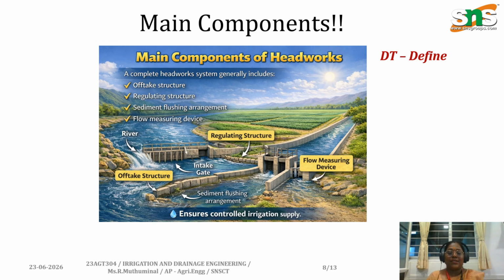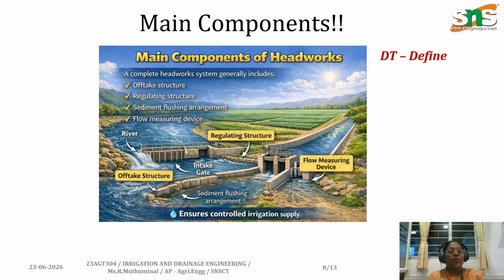Now let us discuss the major components of headworks. The first component is the weir or barrage. A weir is a fixed structure, whereas a barrage has movable gates that provide better control over water levels. Next comes the divide wall, which separates the river flow and guides the water smoothly towards the canal entrance.